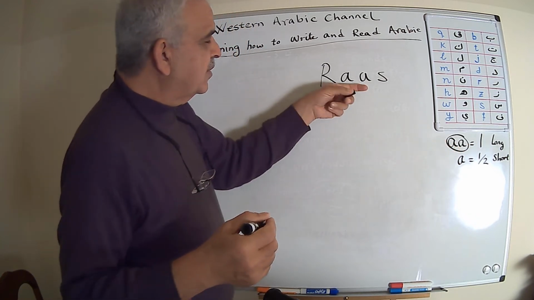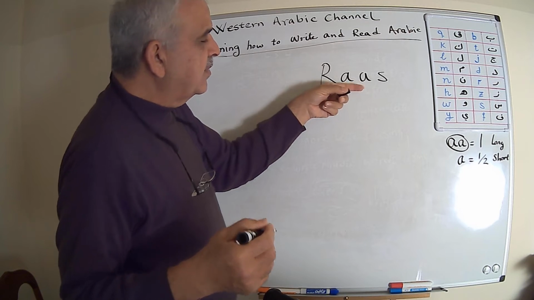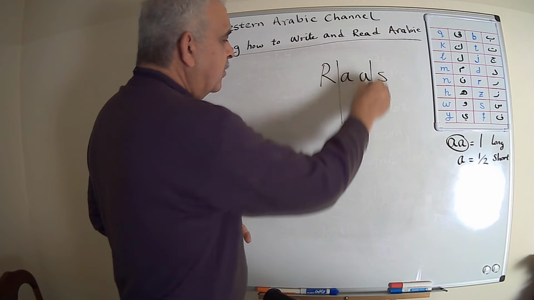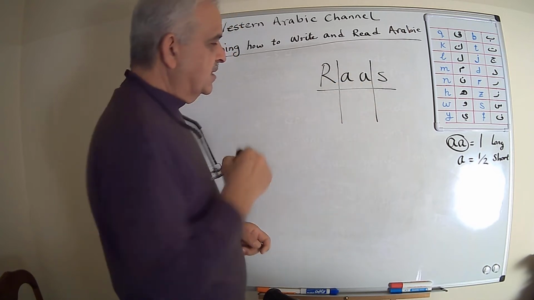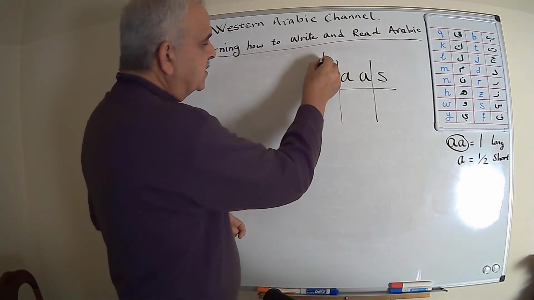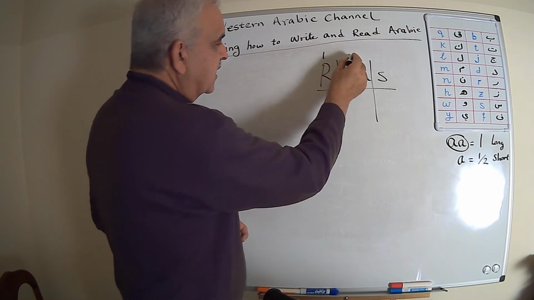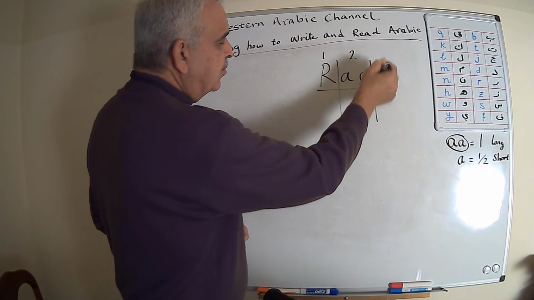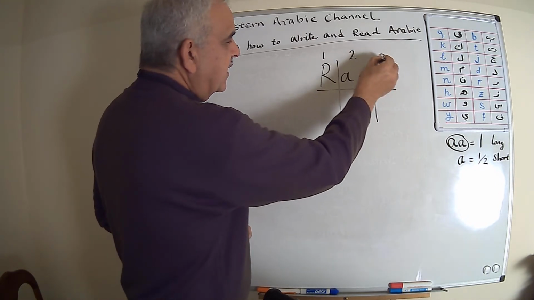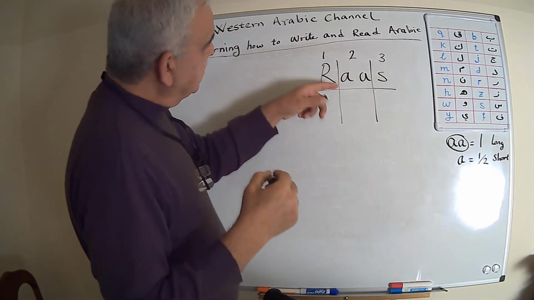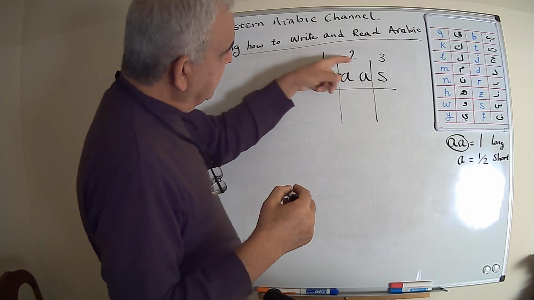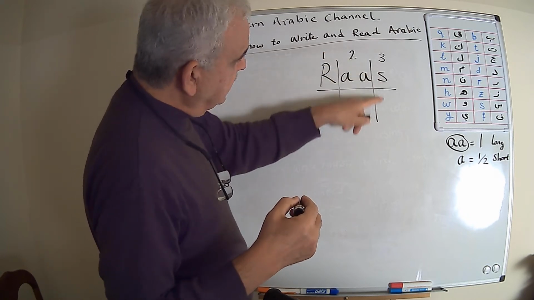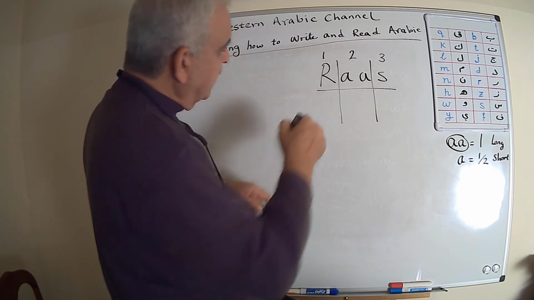In order to replace those letters with Arabic letters from this chart, we will divide the word into three components. The first component is R, the second component is A, and the third component is S. Then replace those letters, or put the equivalent Arabic letters under each letter.